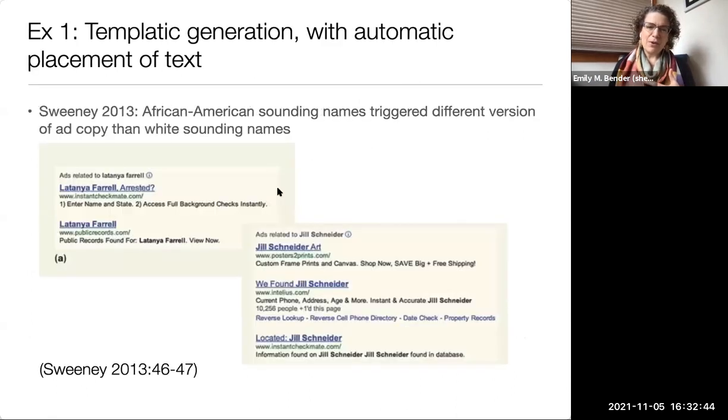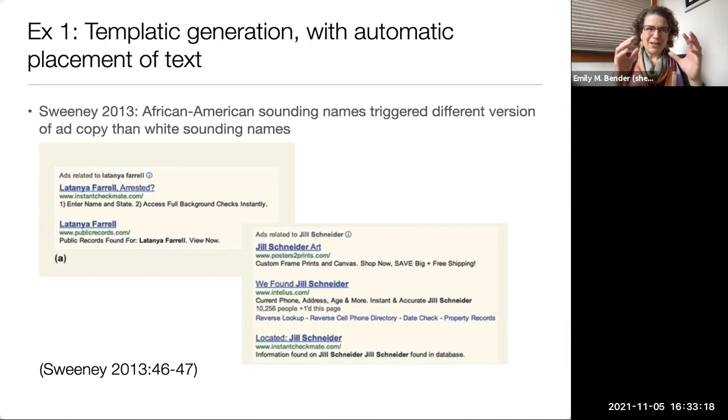The first example involves templatic generation and the automatic placement of text. And this is the foundational work of Dr. Latanya Sweeney published in 2013. What she noticed and then very thoroughly documented was that at that time, in the ads served up by Google, African-American sounding names triggered ad copy about getting information about a person, where the same service was advertised differently for white sounding names.